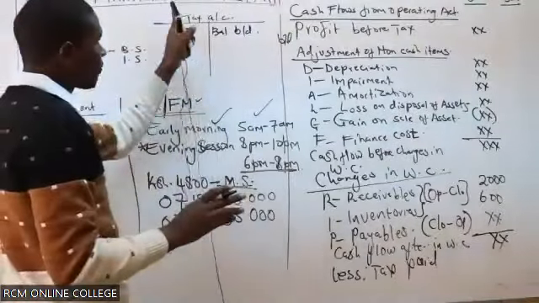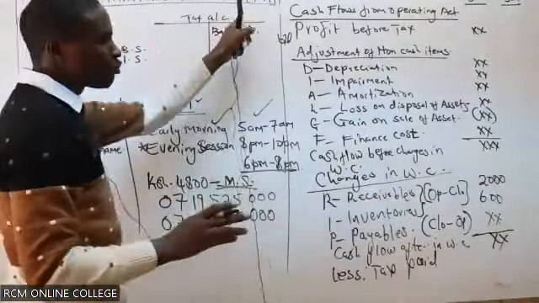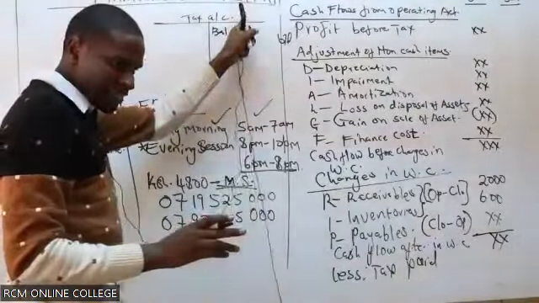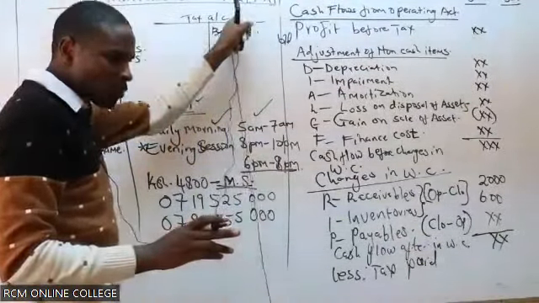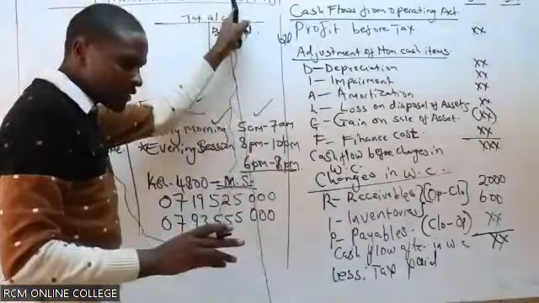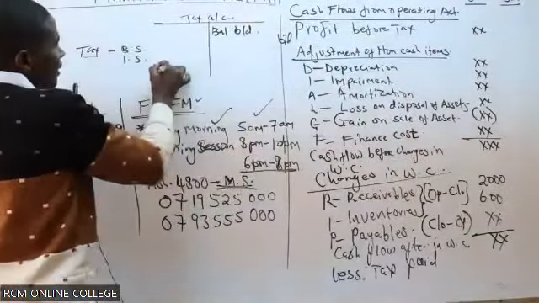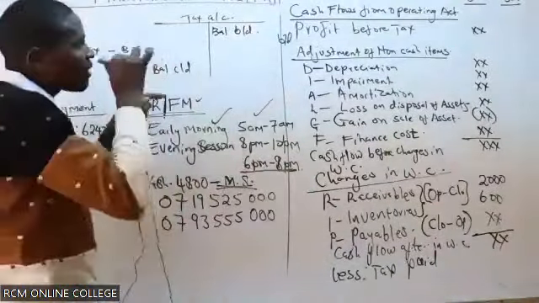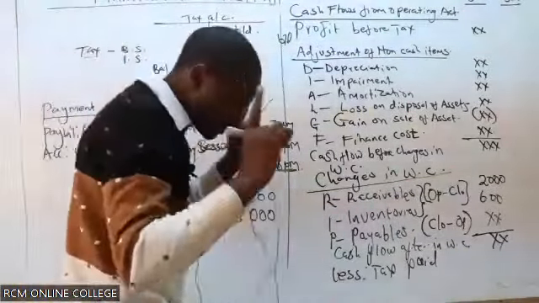Here I had 2021 and 2020. So the balance brought down is in 2020. Then balance carried down is in 2021, and then there is that tax paid.